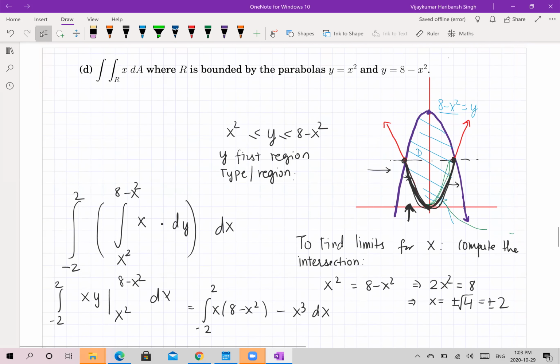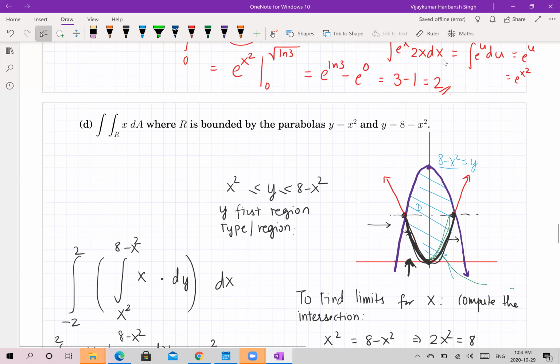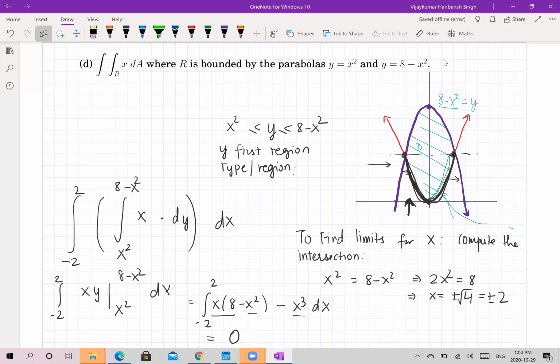Because this is an odd function, this is an odd function, so if you integrate, you will get essentially 0. So this was basically done using a type 1, or y first, region.